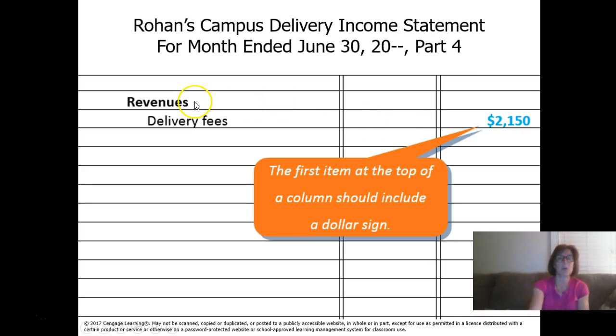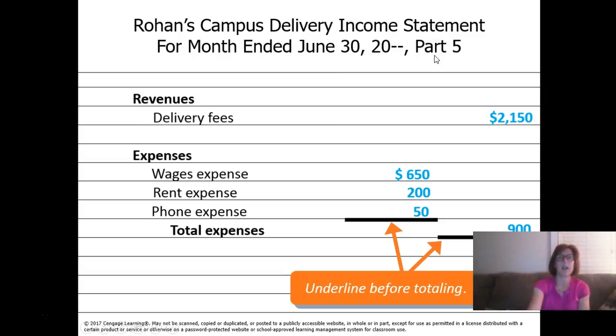So we start with our revenues, and we had total revenues, if you remember from the prior videos. We'll have a dollar sign for the very first one at the top of the column. Then we're going to skip and we're going to have our expenses.